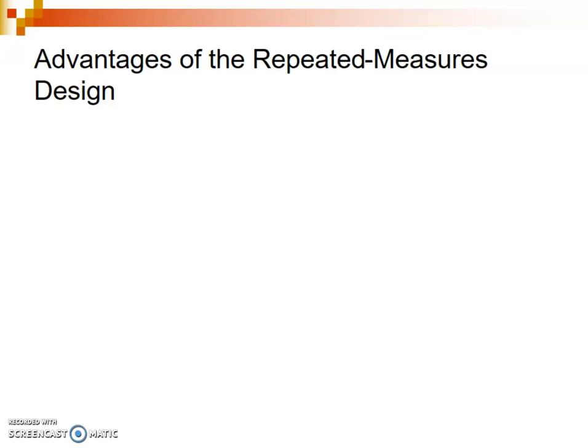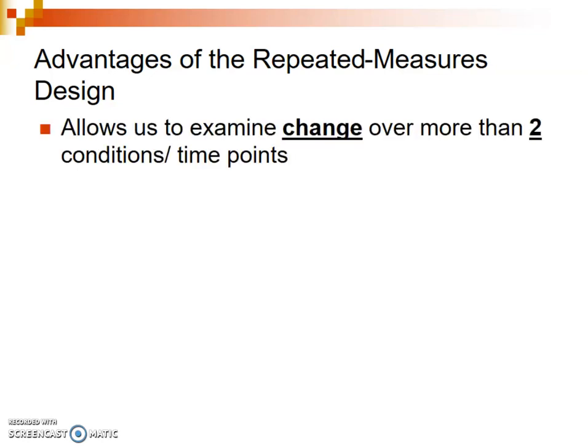One of the advantages that this type of analysis has over specifically the t-test that we did in Chapter 11 is that the ANOVA allows us to examine more than two groups or conditions or time points, versus the related samples t-test, which was limited to only two time points or conditions.